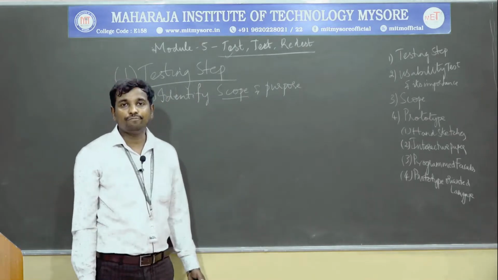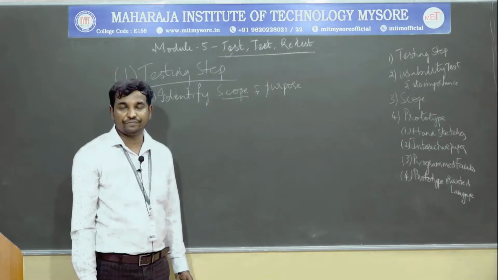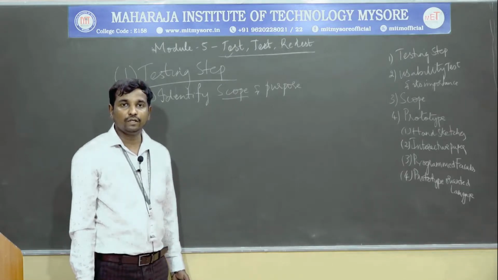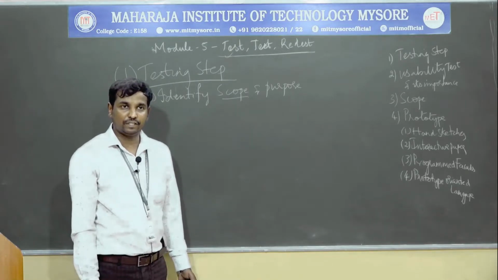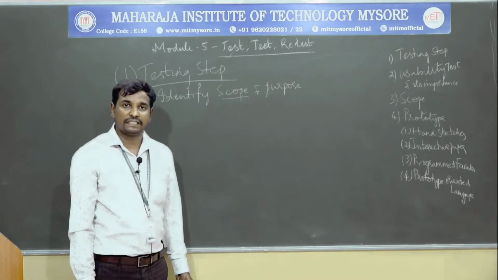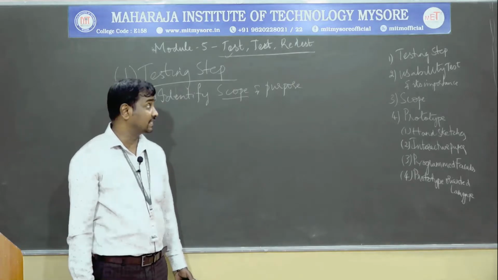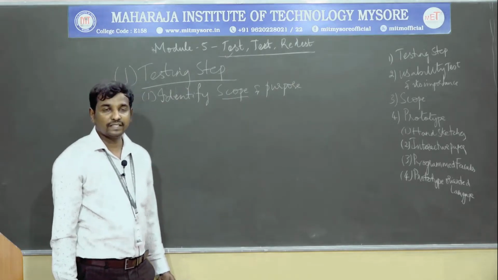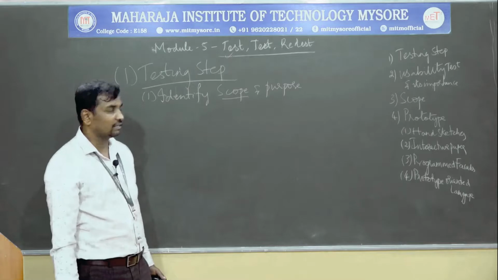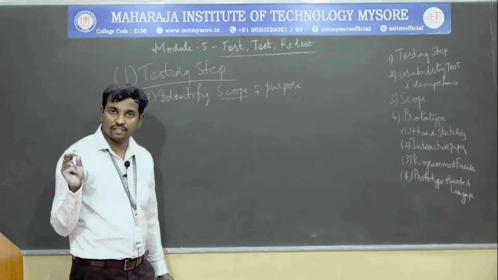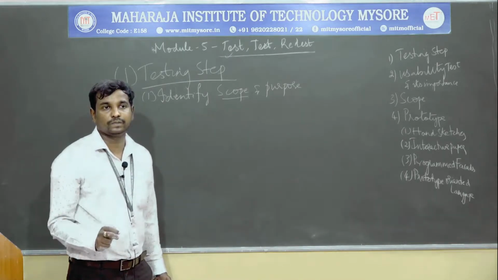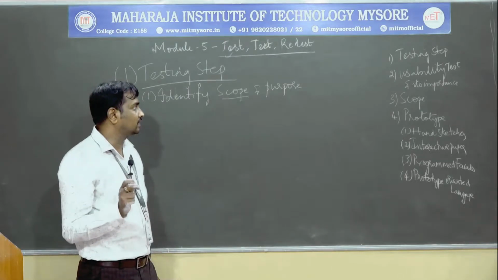This is very important because each interface will have a different scope and a different purpose. Depending upon the scope and the purpose, we need to plan the designs. Identifying the space of the windows and arranging the information of the windows of a screen which we are going to test, we discussed in the previous class. In today's class we need to identify the steps for identifying different scopes, depending upon the scopes as well as the test purpose.